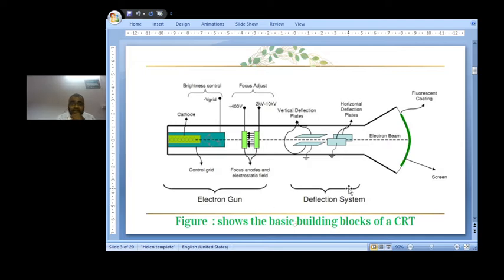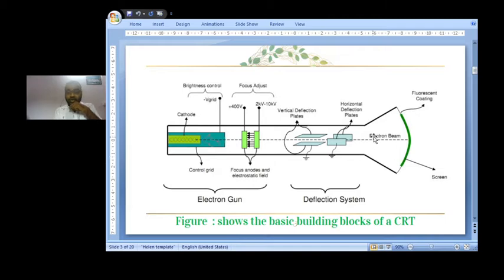Now this is a deflection system, basically a vertical plate and this is a horizontal plate. Here electric fields are applied, in some cases magnetic fields are also applied, and when these electrons pass through these deflection plates, depending on their nature, basically the velocity, the phase, they will deflect to a different region of this fluorescent screen.